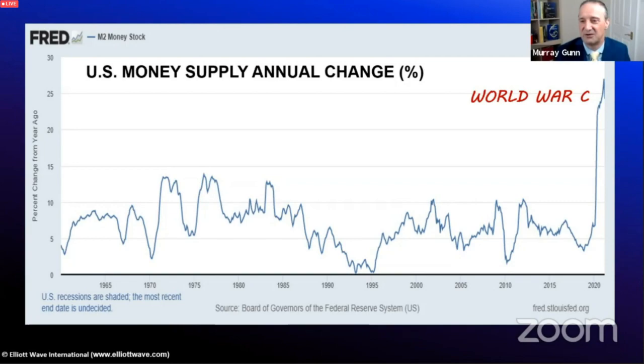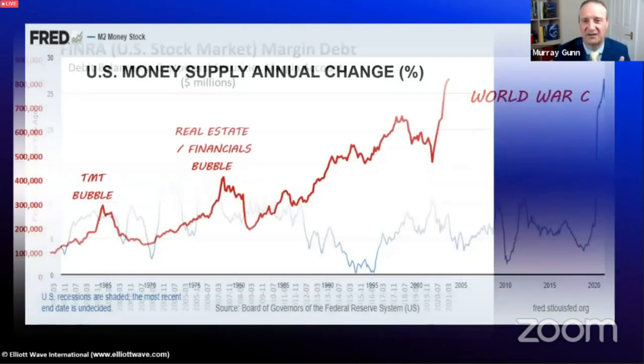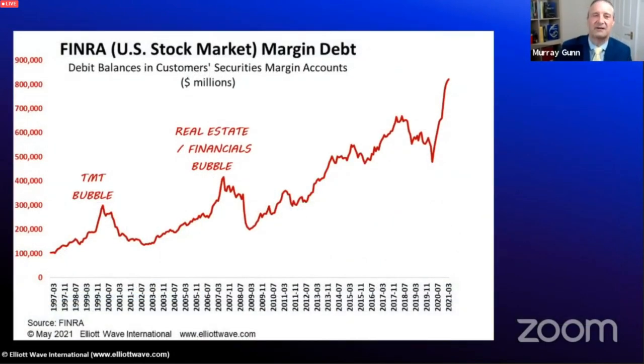And we can see that obviously the M2 money stock has risen dramatically on an annual change basis. And this is the fuel that's been driving the markets higher. And so this is one of the keys as to what we think is happening. And this is related to debt, to leverage.